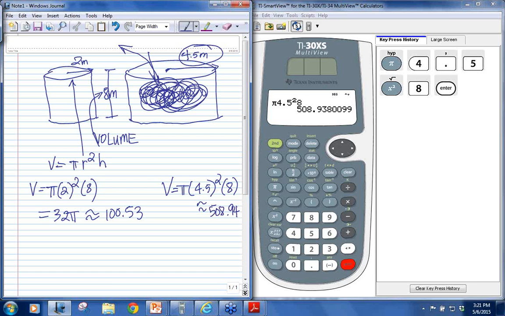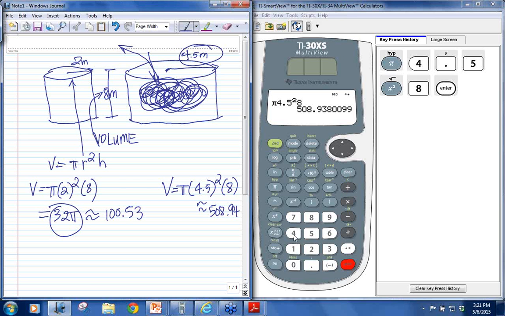Now, what if everything is in exact form? How do I handle that situation? If you want the pi there in your answer, just as you have in here, what you're going to have to do is separate the pi from your equation. So let's clear this.